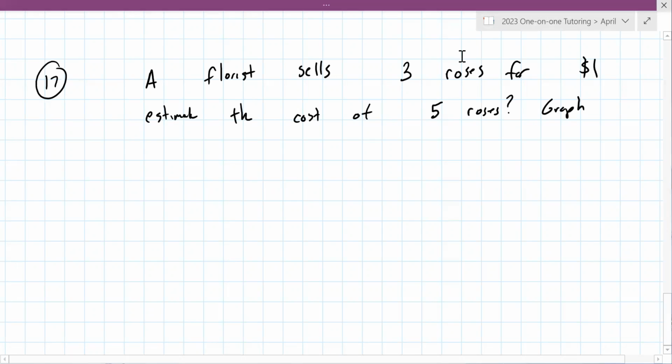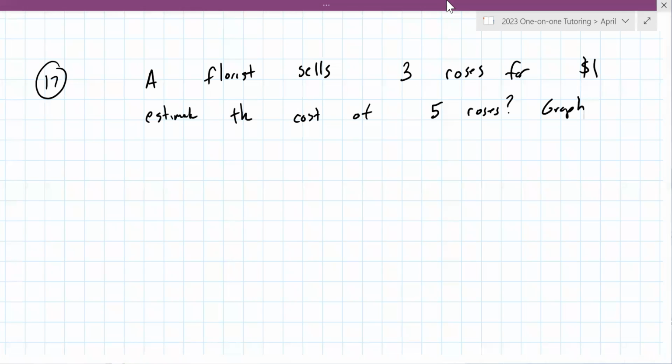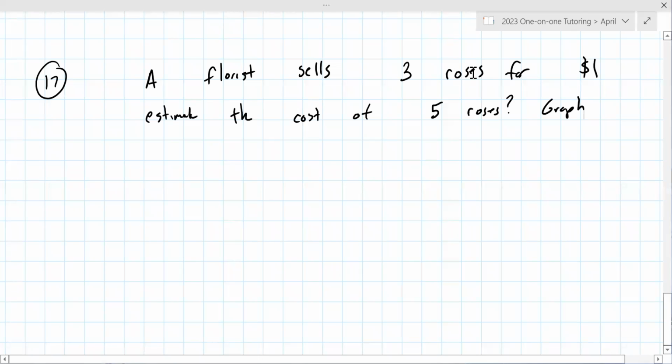So is the input roses or money in this problem? Like, is the way this is written in terms of I give you the roses, you give me the amount, or I give you the amount and you give me the number of roses? Are the roses the input?